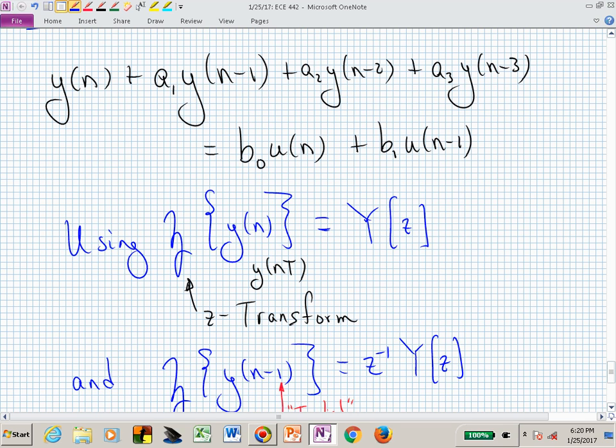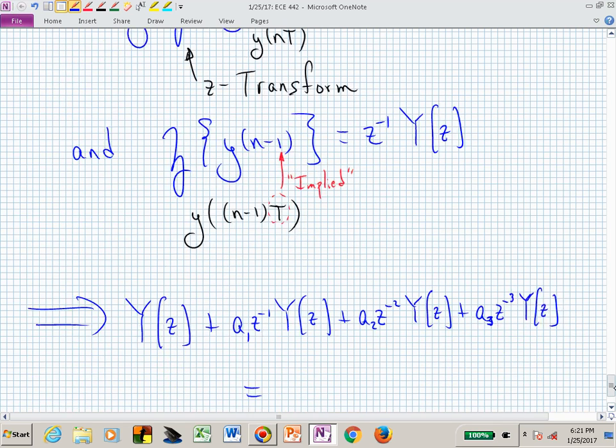What's the z transform of lowercase u of n? If the z transform of lowercase y of n was capital Y of z, now we just have to hit the shift key and capitalize u and give it what? Argument of z.